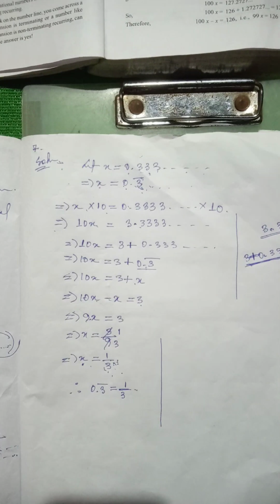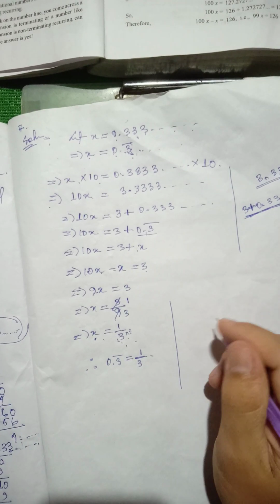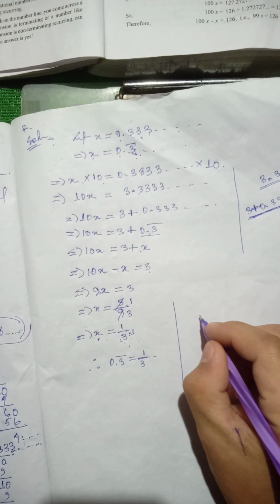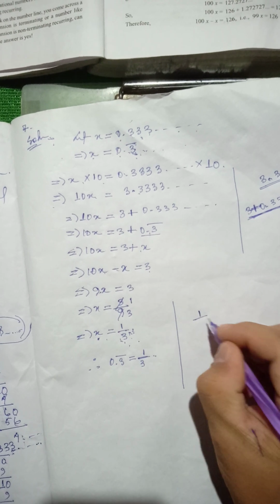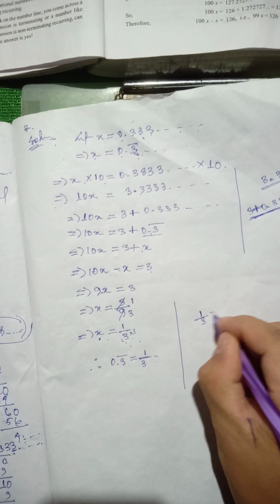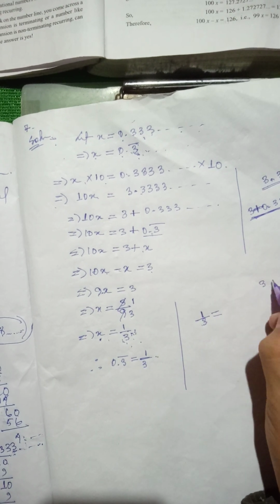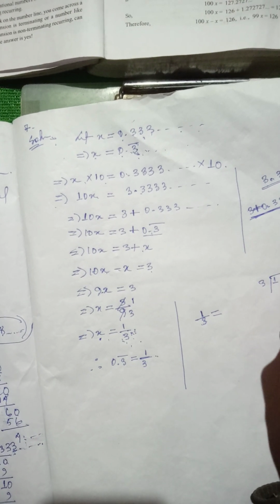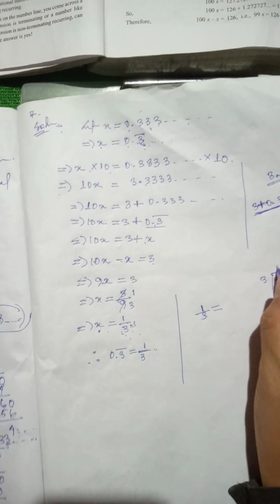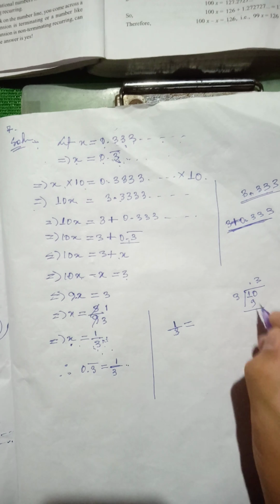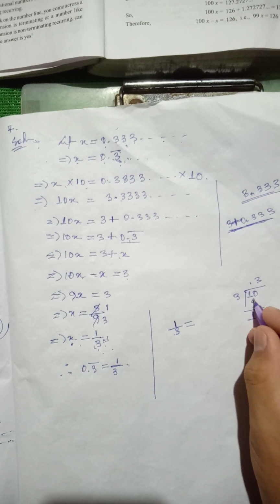Then one more thing: let us check whether our solved problem is correct or not. What did we get in the form of p by q? That is 1 by 3. So just divide 1 by 3. Here we add a point, so that is 10. 3 times 3 gives 9, so 10 minus 9 is equal to 1.